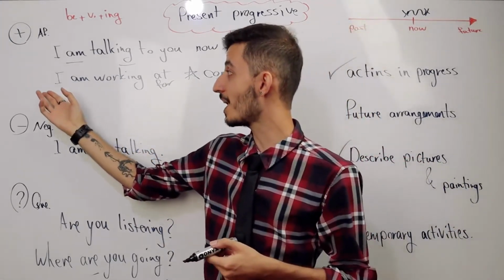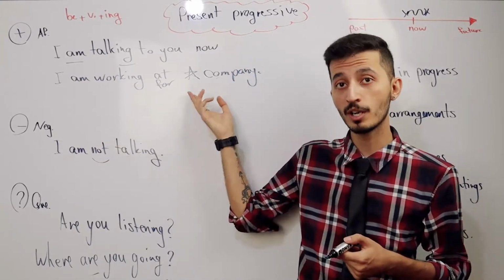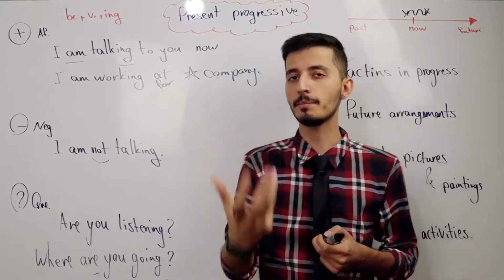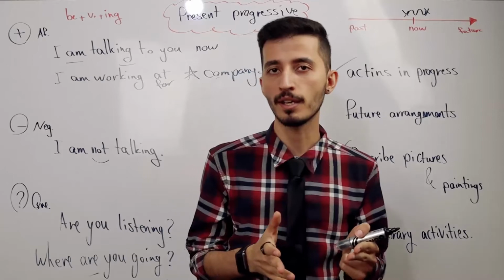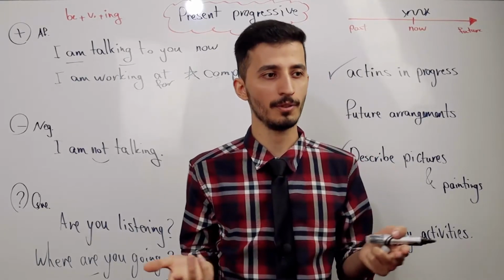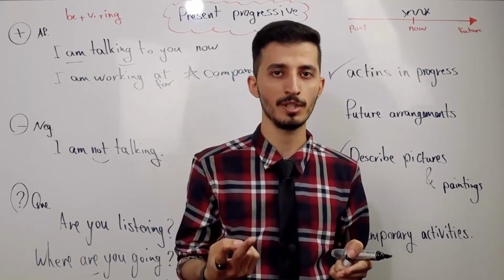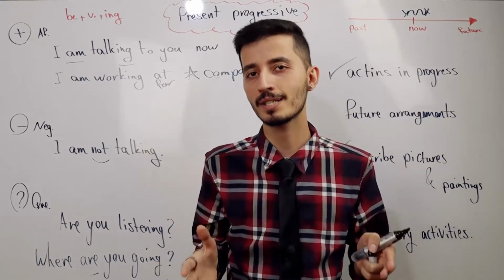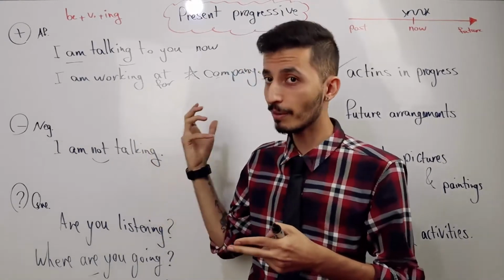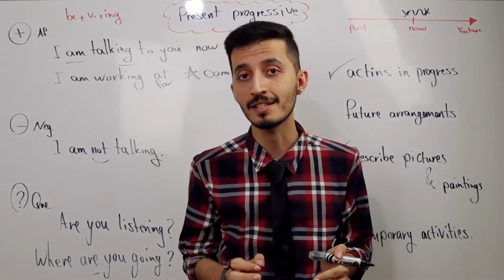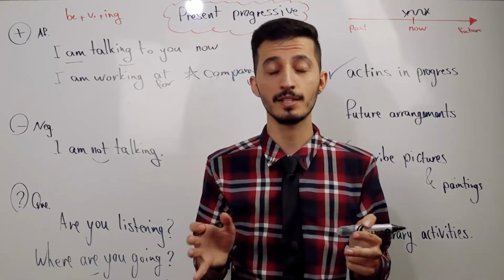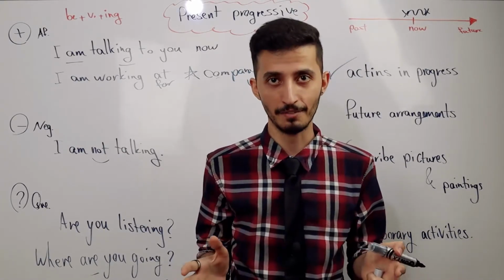But when I say I am working for this company, it implies that it is temporary. I am working here for, I don't know, 1 year, 2 years, 5 years, but I'm not going to stay here forever. It doesn't show how long, but it implies that it is temporary. It's not forever.